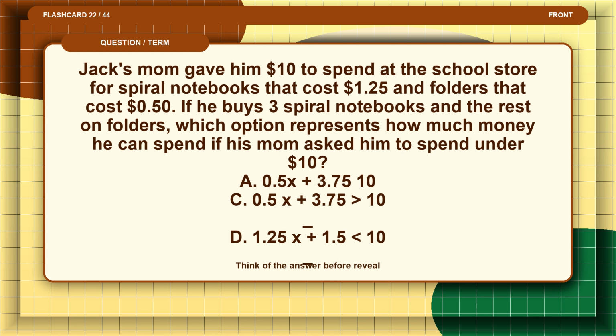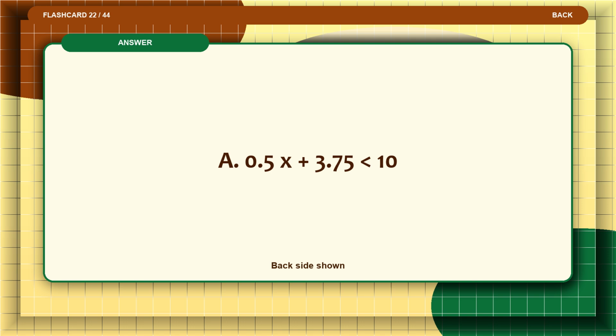A. 0.5x plus 3.75 < 10. Think of the answer before the reveal. The answer is A. 0.5x plus 3.75 < 10.